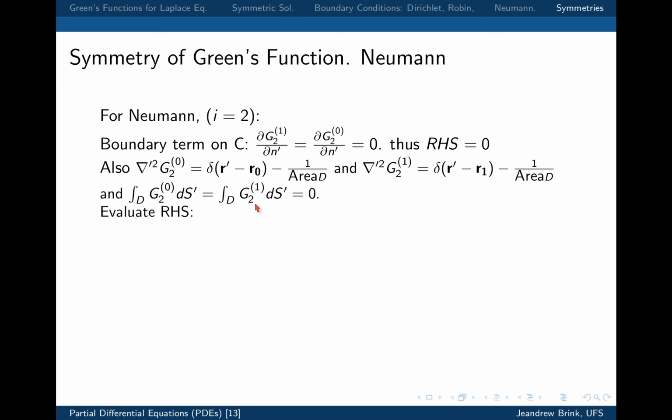Okay, so now we're going to use all those conditions to evaluate the right-hand side. Here's the Laplacian of the Green's function. So we substitute this delta function minus the 1 over area in there. We substitute in there for the 0 and that one in there for the 1.